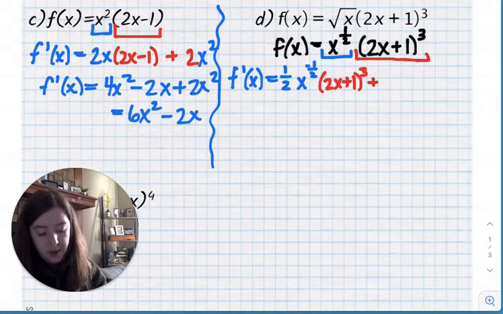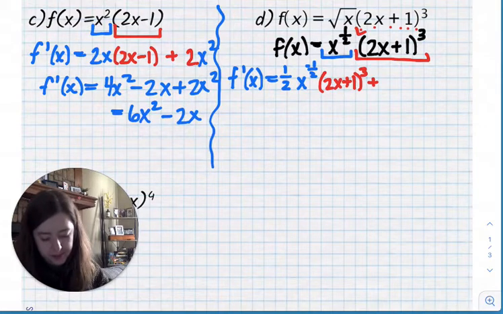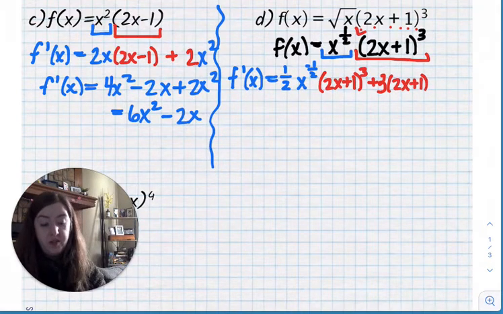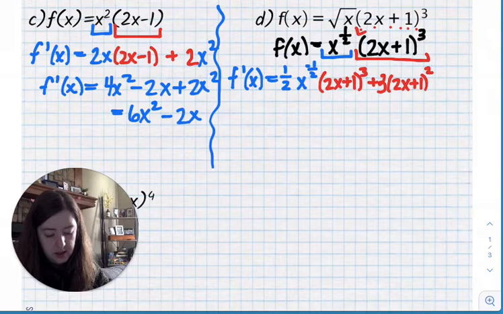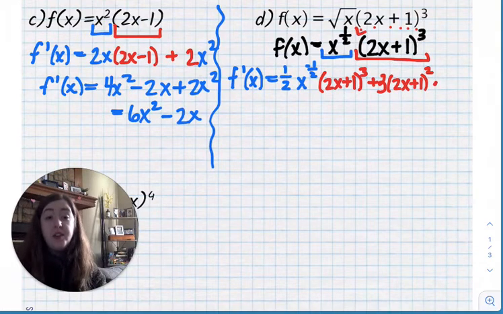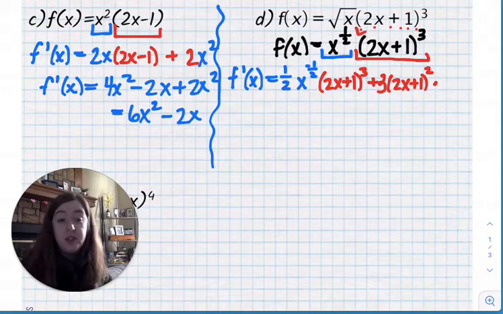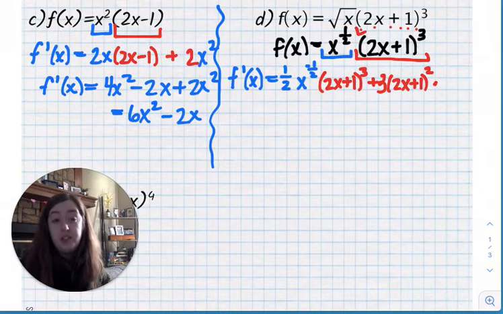So remember, we bring the 3 out front and multiply. Leave the inside the same. Subtract 1 from the power. And then we'll multiply by the derivative of the inside. The derivative of 2x plus 1, or the derivative of just 2x, is 2.